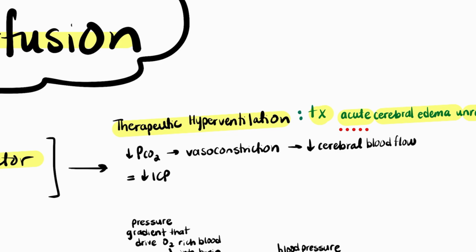So when we hyperventilate, when we're breathing in and out really frequently, we're getting rid of the carbon dioxide. That would reduce the partial pressure of CO2. That would lead to vasoconstriction in our brain, and that would reduce the blood that's coming into the brain, or reduce the cerebral blood flow, and that would overall reduce the intracranial pressure.